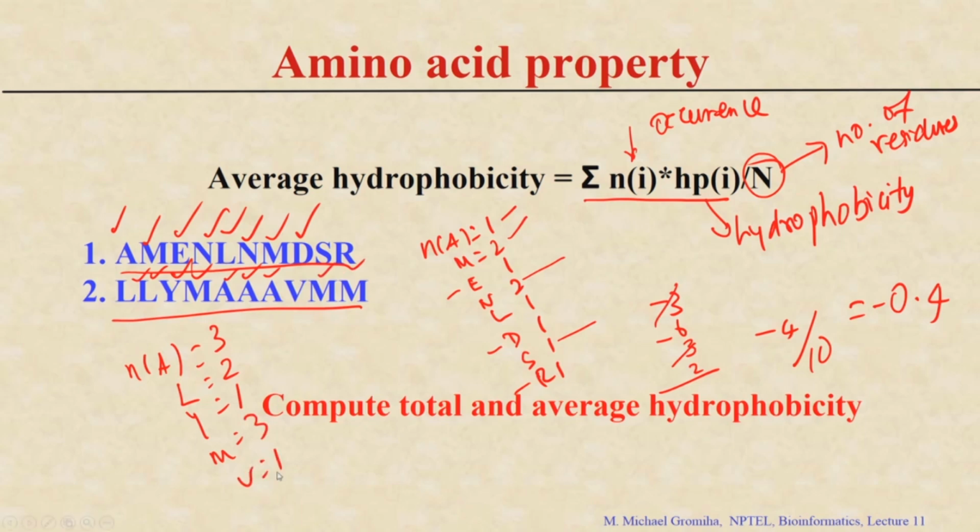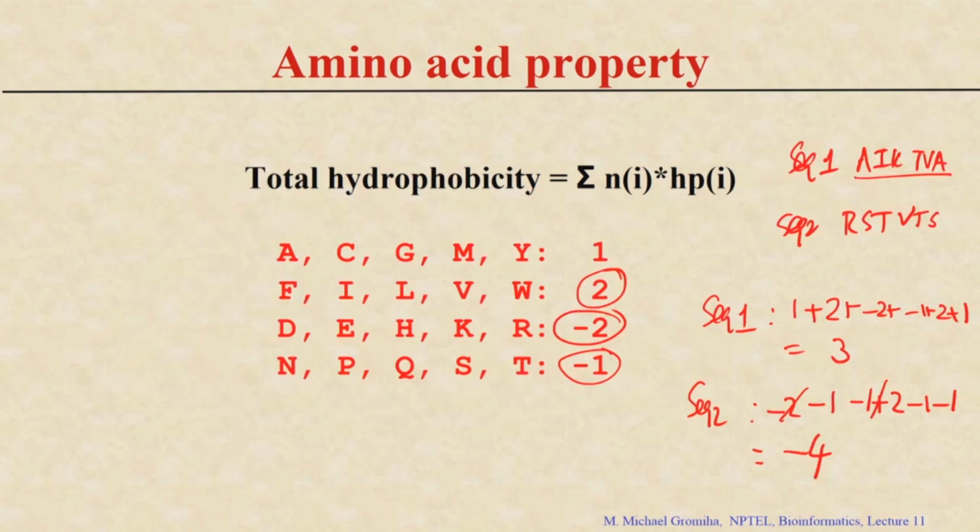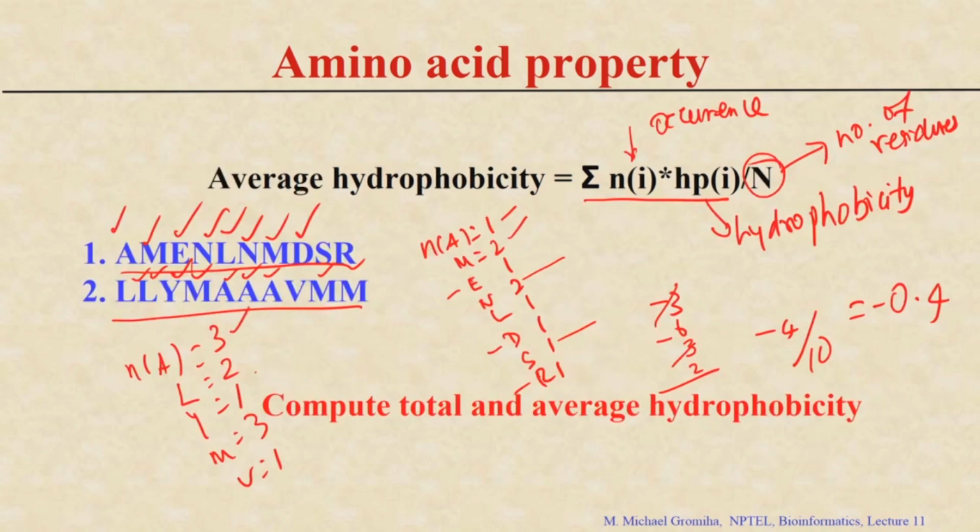So, now if you see this A C G M Y, 3, 6, 7, 7 into 1, this equal to 7, and then L and V are 2, so 2 plus 1 is 3, 3 multiplied by 2 equal to 6, this will be 13 total, so average equal to 1.3, with 10 residues.